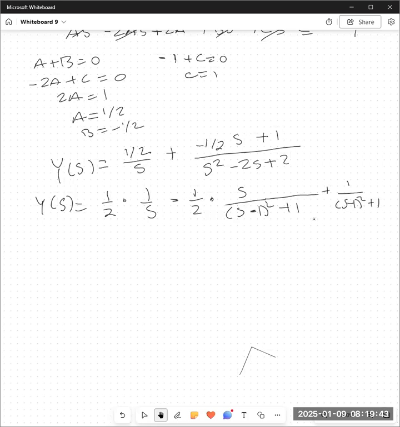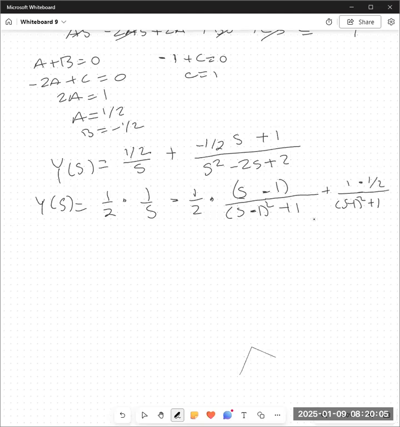So I need to make a minus 1 up here to match this. So I just added 1/2, because negative 1/2 times negative 1 is a positive 1/2, so I need to subtract 1/2 to balance it out.